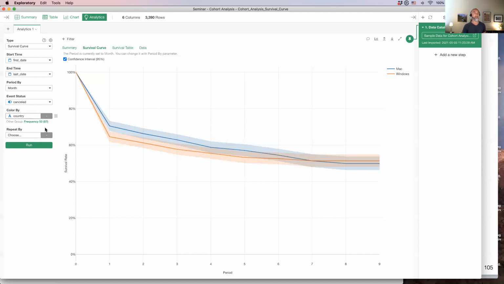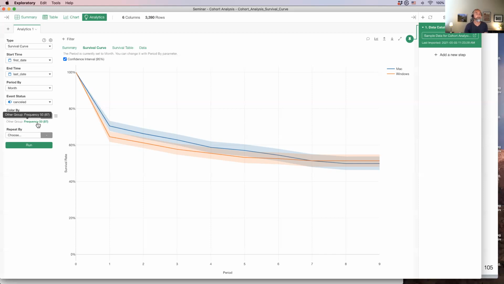And therefore, this green thing is basically saying, let's keep the most frequent 50 countries as they are, and then put the rest, in this case the 37 countries, together in a group called other group. Then we're going to end up having 51 groups, so 51 lines. But 51 lines is just too much, right?